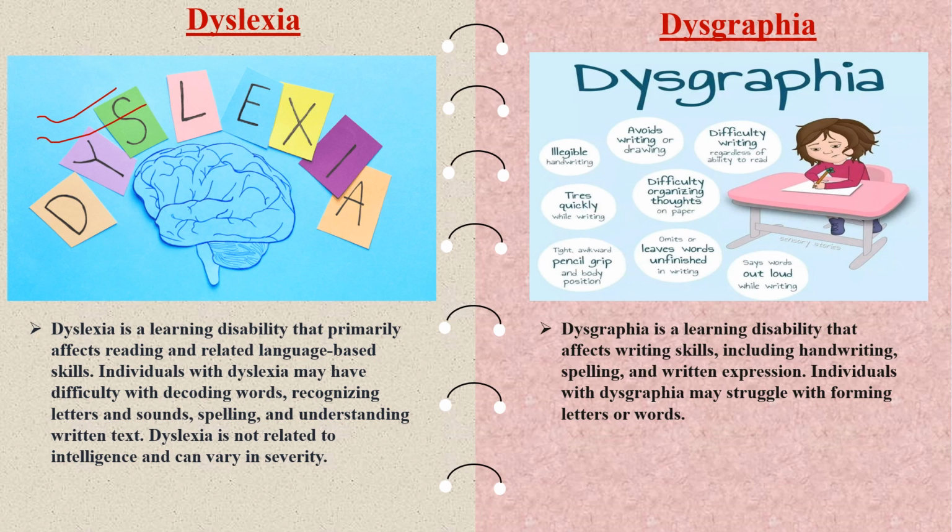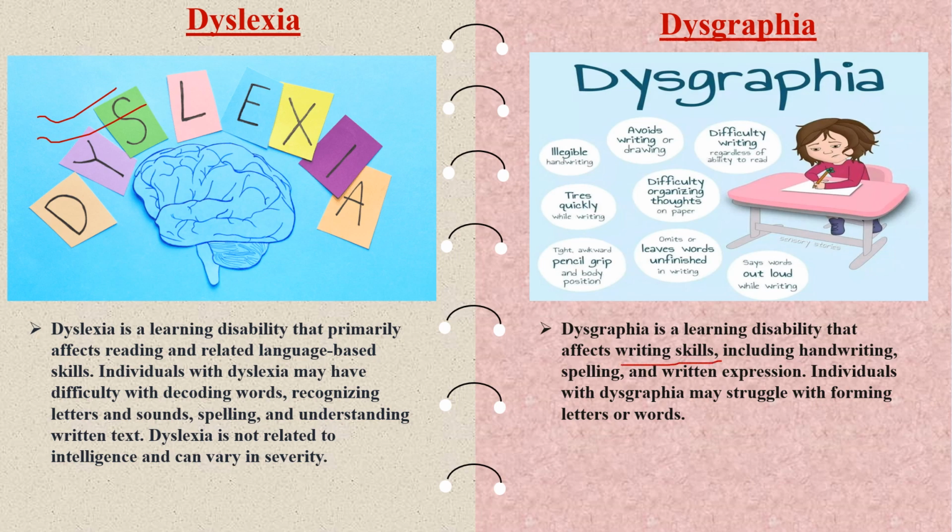In this, we will find that handwriting, spelling, or composing writing is very difficult for a student. They also have confusion between letters like P and Q, N and U, B and D. So we can say that dysgraphia is a learning disability which primarily affects our writing skills.